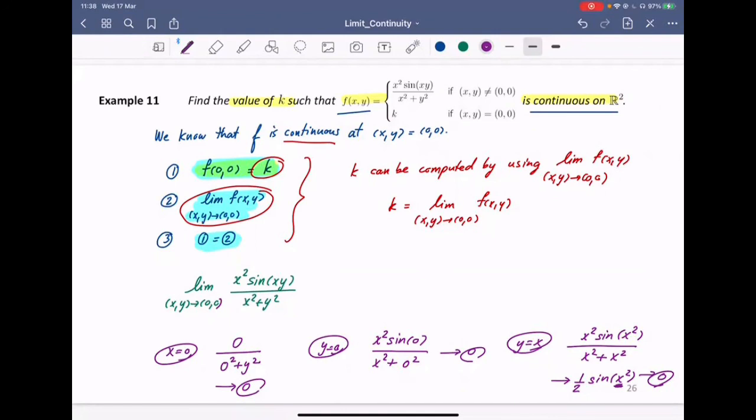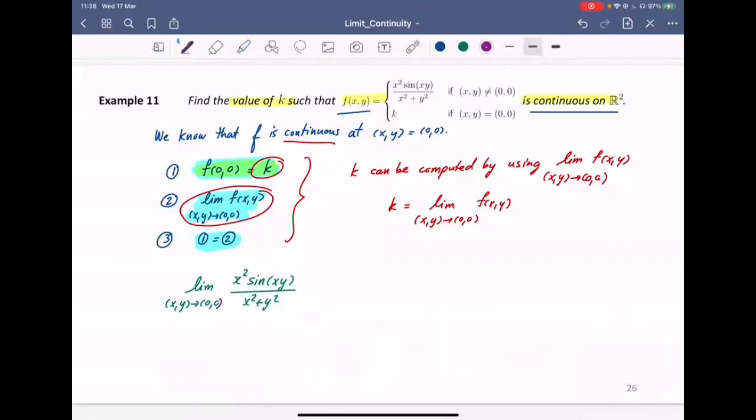If you keep picking different lines, you still get 0 for sure, because the behavior of this thing is clear: you cannot avoid sine xy, and sine xy will dominate the top, so you get the limit equal to 0 all the time. Which means we give up on picking lines. So we're going to use the two-dimensional squeeze theorem. We're going to let f(x, y) be something that we can bound, and then we can just compute the limit there.